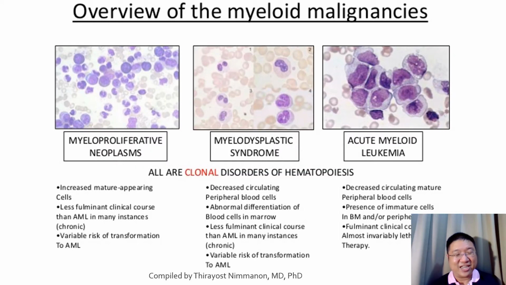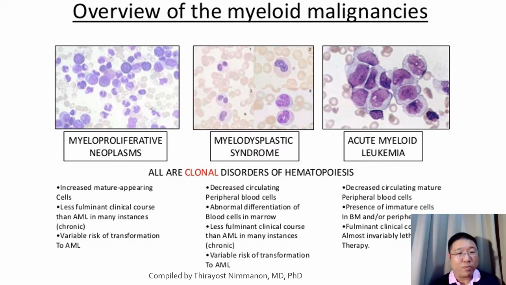And this slide will show how they are distinguished from each other: chronic myeloproliferative neoplasms, myelodysplastic syndrome, and acute myeloid leukemia. All of these are clonal disorders. All of these are considered malignant.